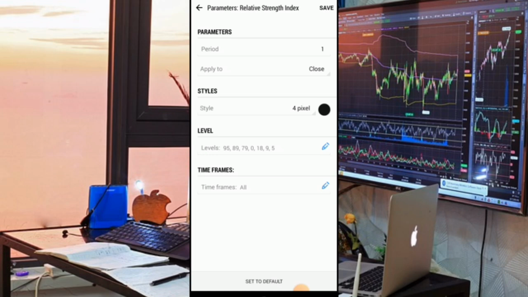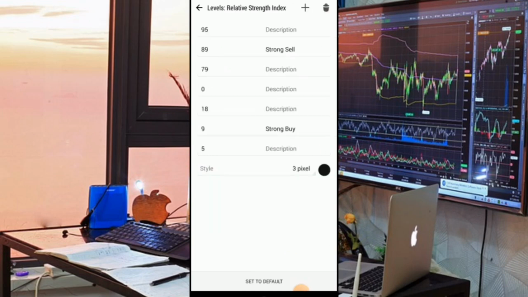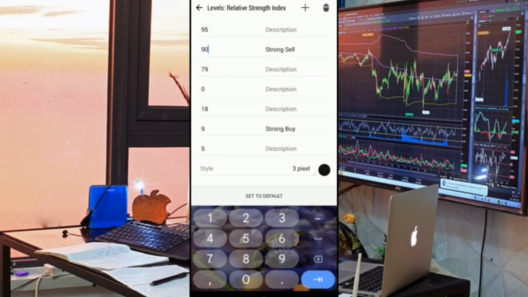Then we use 4 pixel with black, and then let's do a little modification on the levels. Let's go to that pencil, and then let's make this one 90, then this one 80, and then this one 20.